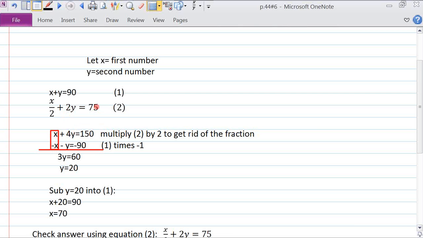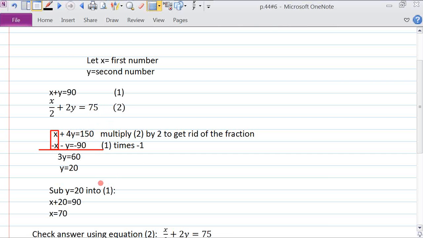And 2 times 75 equals 150. So the reason I'm multiplying equation 2 by 2 is to get rid of this fraction here. So I'm multiplying each term on the left by 2 and this term on the right by 2, and I come out with this one.